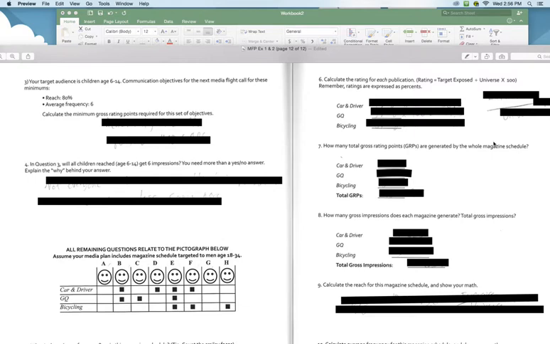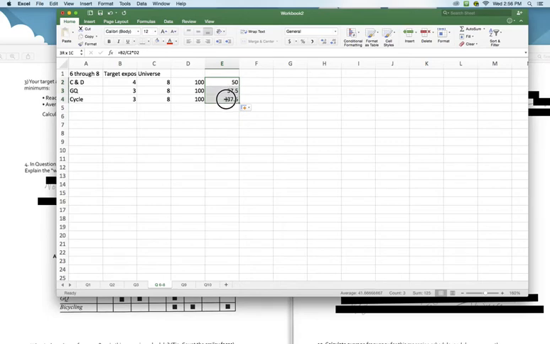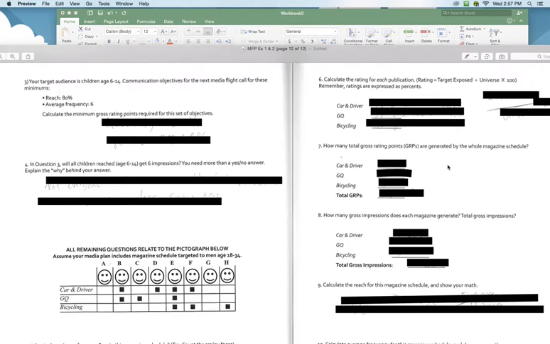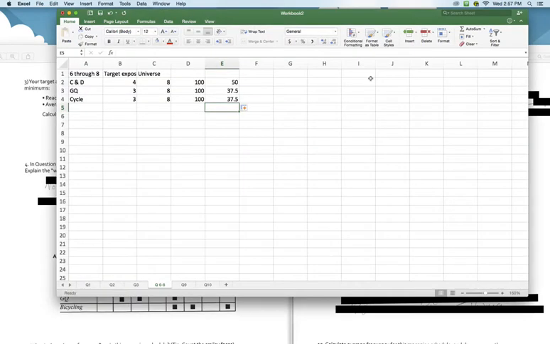In this case, they don't actually talk about how many spots. So we're looking at Car and Driver, GQ, and Bicycle magazine. Neither or any of these have multiple spots indicated. So the easy thing in terms of coming up with gross rating points is just what you see right here: 50, 37.5, 37.5. And so when we're looking at total gross rating points, it's pretty clear in this case.